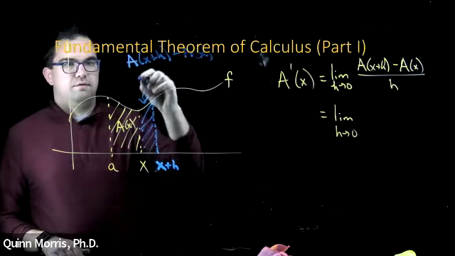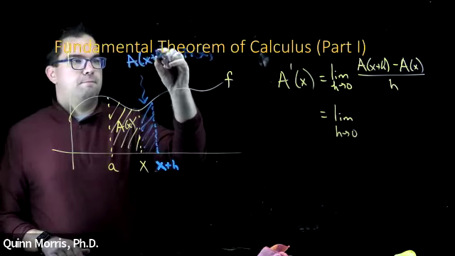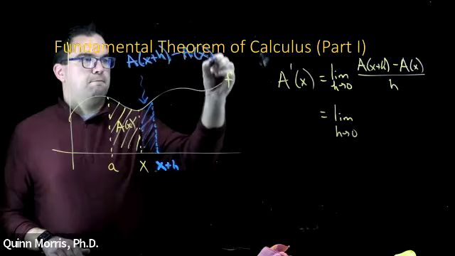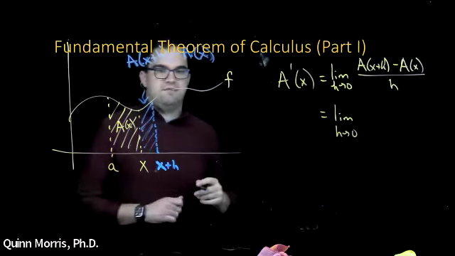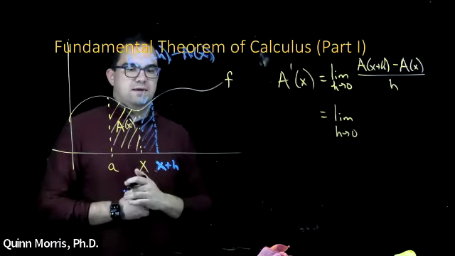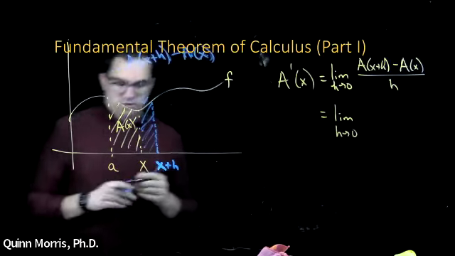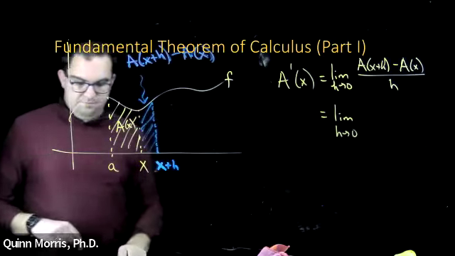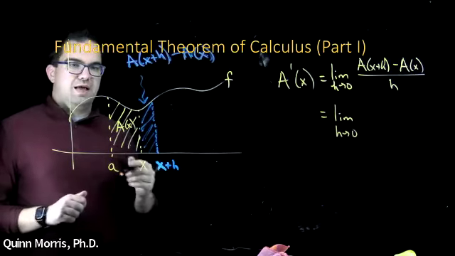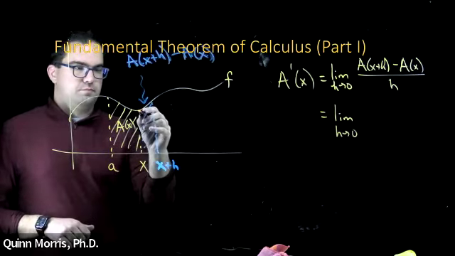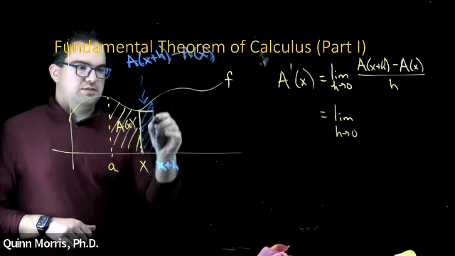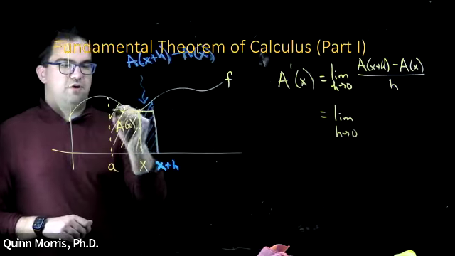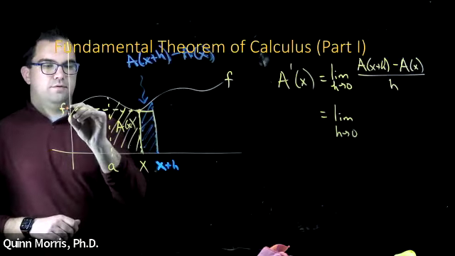A of x plus h minus A of x. So in particular, if I think about approximating this little area, well, if I'm using a left-hand rule, I would approximate this by just one little rectangle whose height would be the function value at this point.